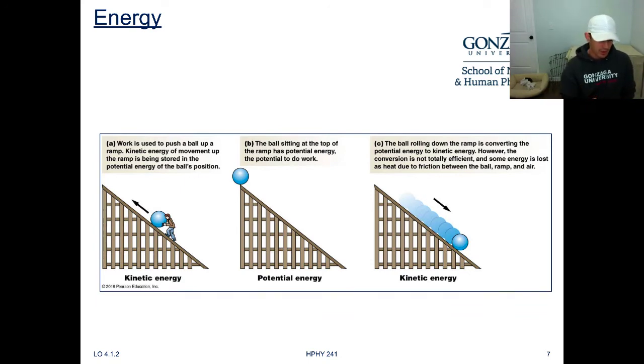This diagram is also illustrating that whether that movement is either up the hill or down the hill, as long as it's in motion, it's still kinetic energy. The only time in this example we'd have potential energy is when the ball is sitting at the top of this ramp and it's not moving.